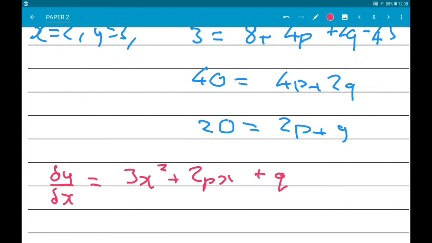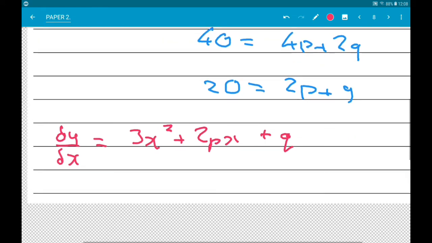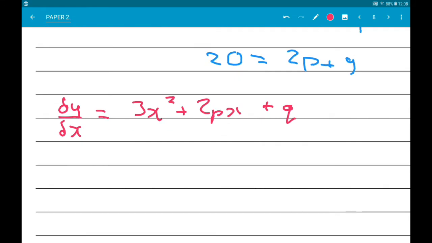Now we know when x is 2, dy by dx is 8. So there, we're going to get 8 is 3x squared, so that's 12.